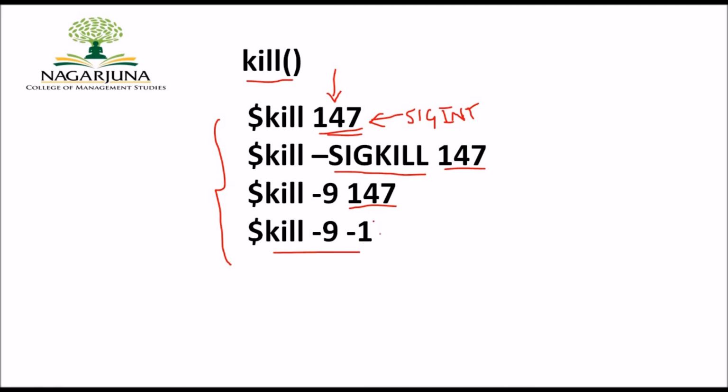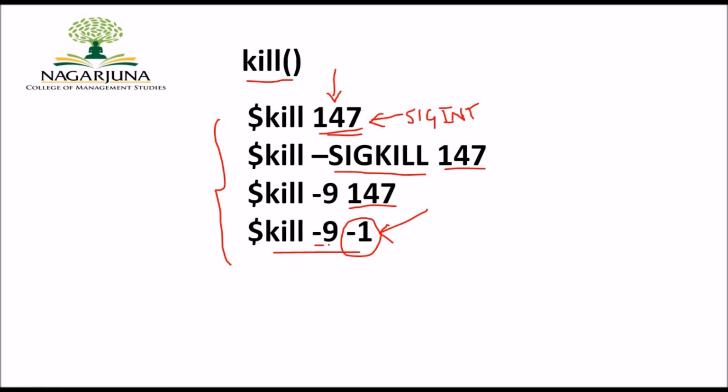So this is the last example, kill -9 -1, where -1 is not a process ID. Rather, this is an instruction given by the super user to send a signal called SIGKILL to all the other processes. So -1 is not your signal number.